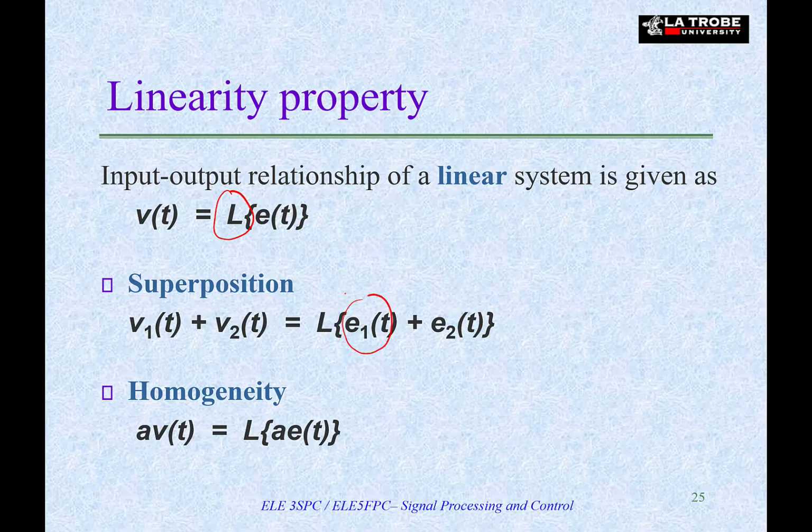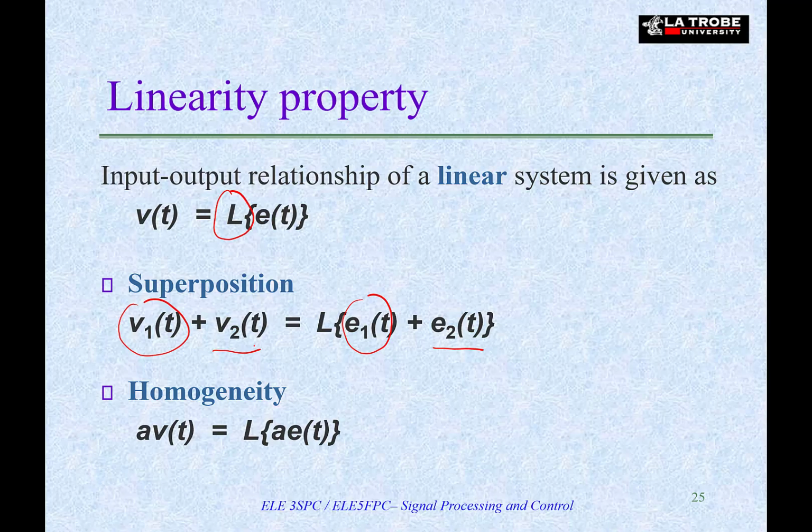When we have the input E1, it produces the output V1. When we have the input E2, it produces the output V2. I have omitted t for simplicity. We know that all of the input and output variables I just mentioned are functions of time t.